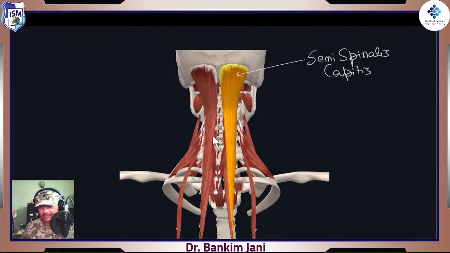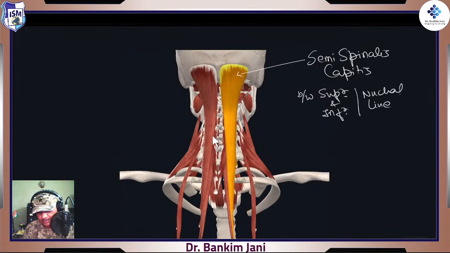So from where exactly is it starting? Well, it is between the superior and inferior nuchal lines. It is covering that big area between the superior and inferior nuchal lines.